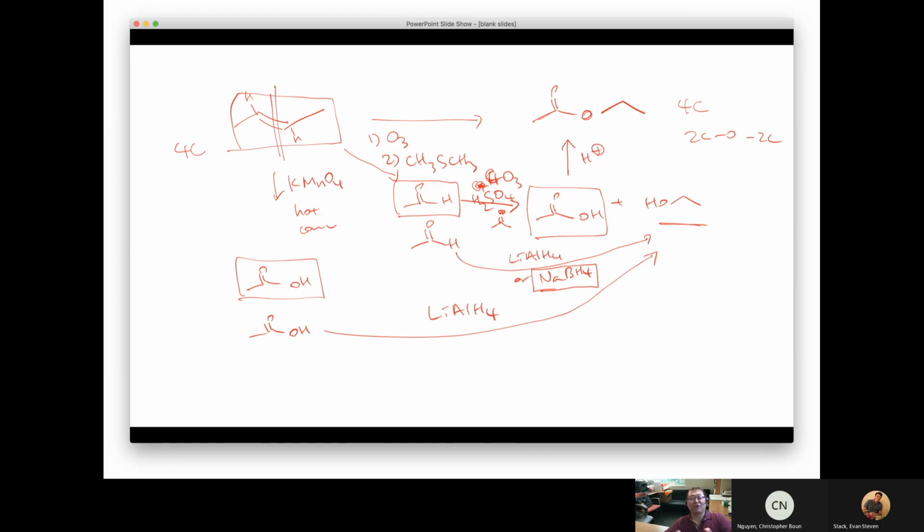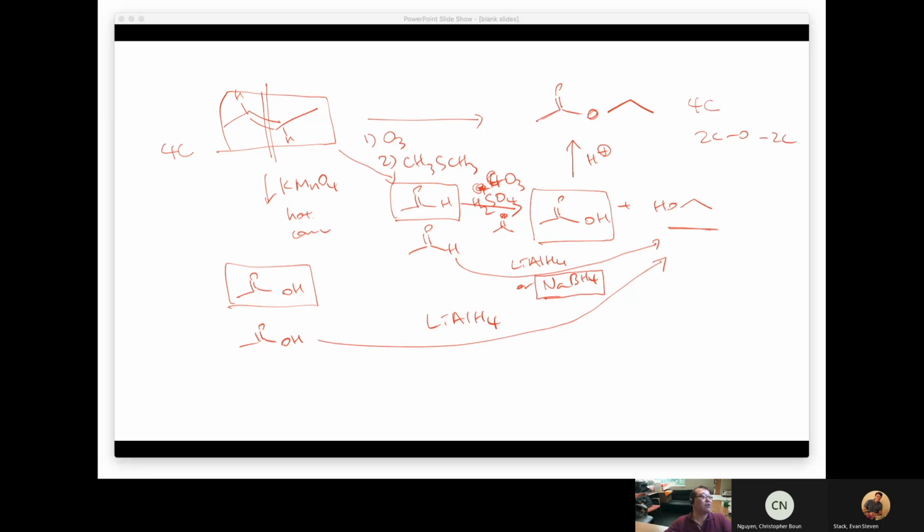So this is about identifying pieces to make it happen, and then thinking about how you're going to get those pieces from the reactions you already know from organic chemistry one. This example gives you an idea that you need to think in multiple different ways. And now this question becomes a little bit harder.